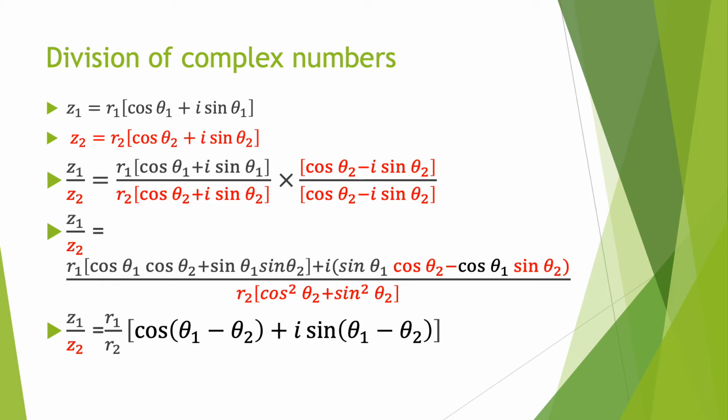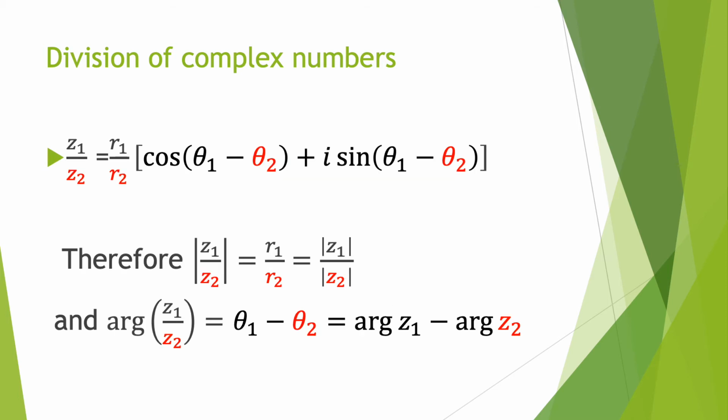Then we apply the FOIL method to expand the numerator and denominator. Finally, we have z1 divided by z2 equal to r1 over r2, then cis (theta 1 minus theta 2).